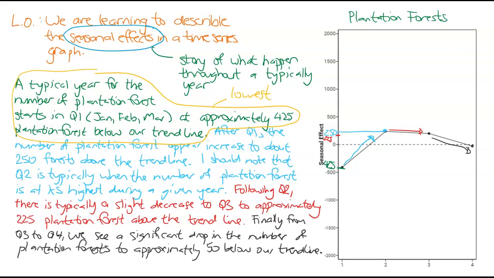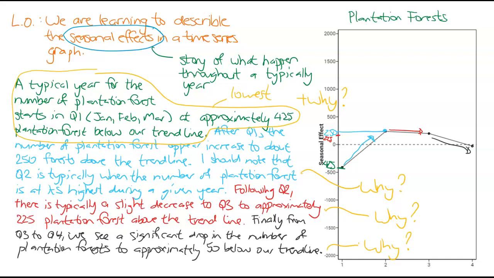In addition, for each point, I might want to talk about why, using my contextual knowledge. Why was it at its lowest at this point? Why did it increase so dramatically from quarter 1 to quarter 2? Why did it barely change from quarter 2 to quarter 3? And finally, why did we observe a bit of a drop from quarter 3 to quarter 4?